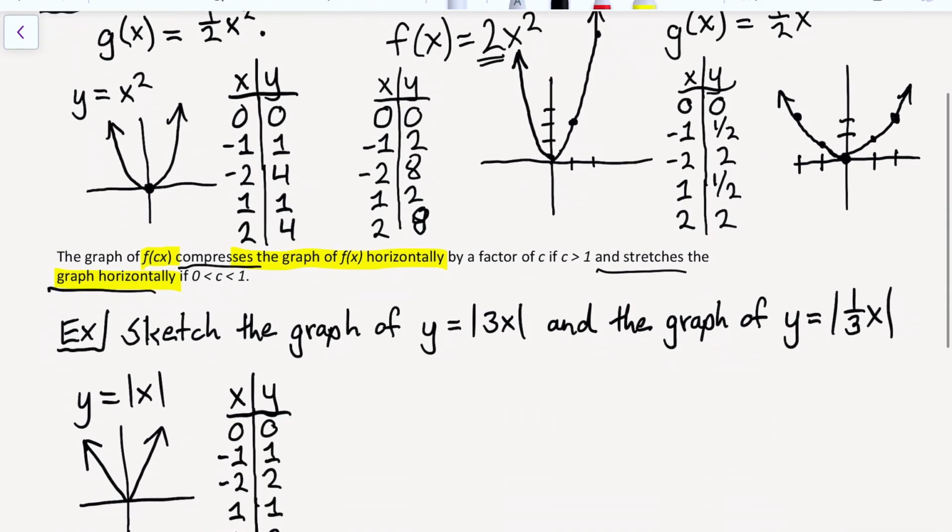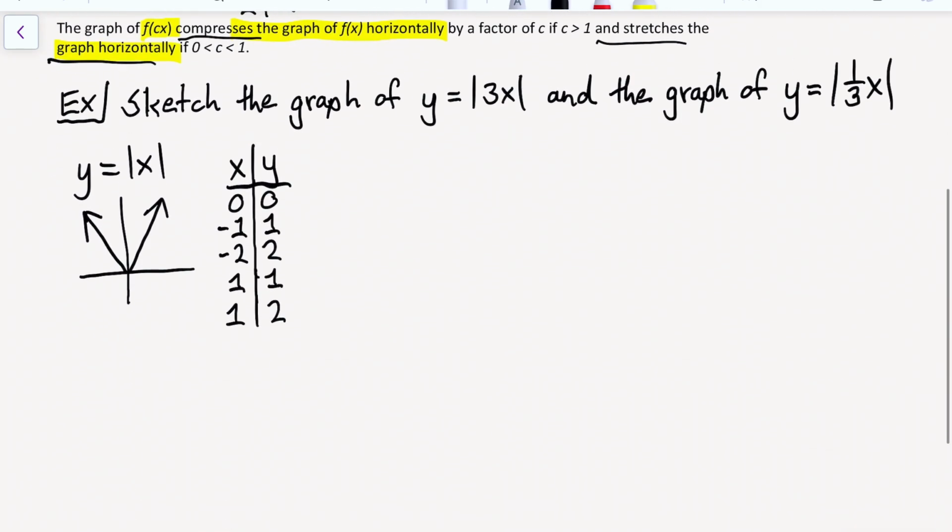Now let's look at an example involving horizontal compressions or stretches. Remember that this works the opposite way as with the y values or the output values. So if I need to sketch the graph of y equals the absolute value of 3x, and I have some points on the toolkit function as shown here, for this graph, I'm going to take every x value, and I'm not going to multiply by 3, I'm going to divide by 3.